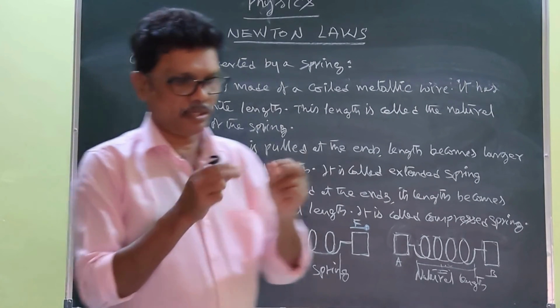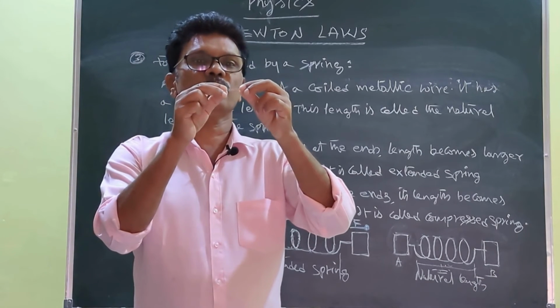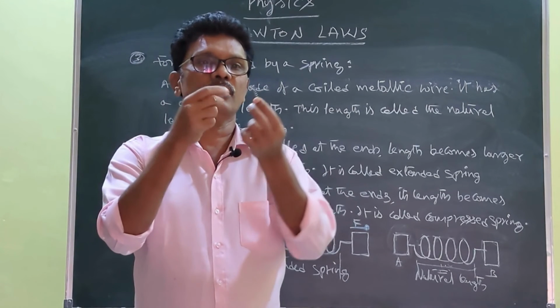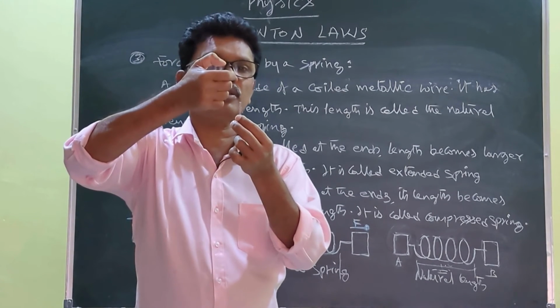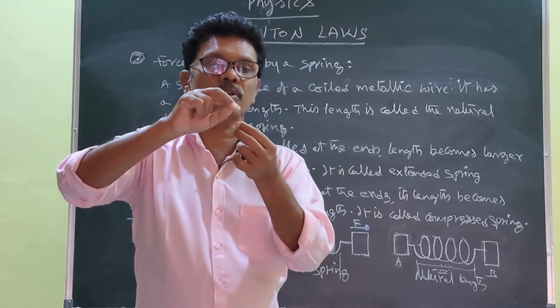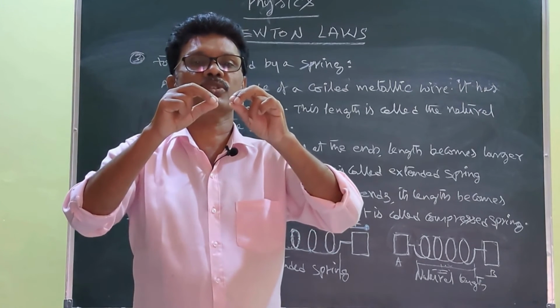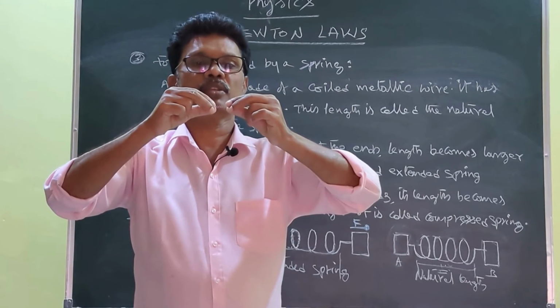Let us take this in pens. You can see that this type of spring is used. In pens, this is the natural length. The pen is pushed like this, opened like this. The spring is pushed, compressed. You see that this is the original length. If you pull in this direction, this is extended.